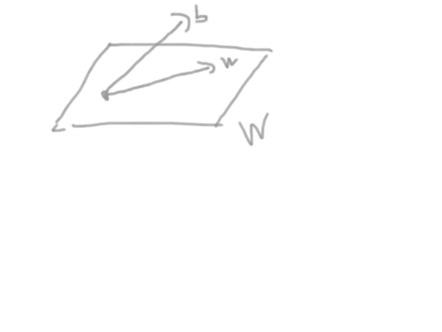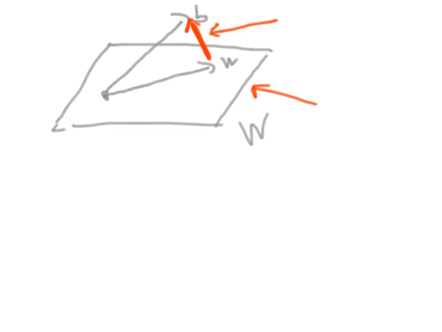If you want to minimize the difference b minus w, well, this difference cannot be made equal to 0, because b is fixed and w can be changed, but in any case w is confined to be on this plane.